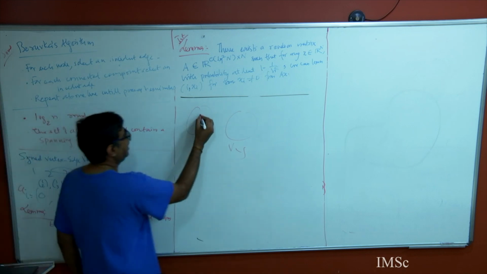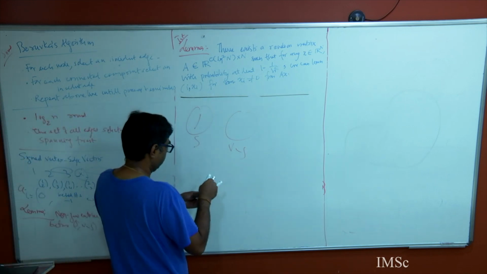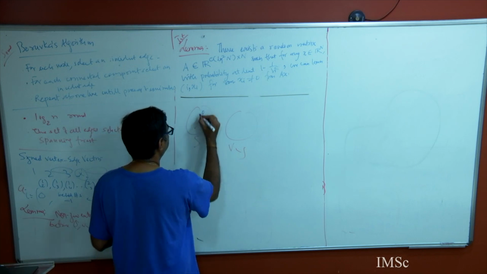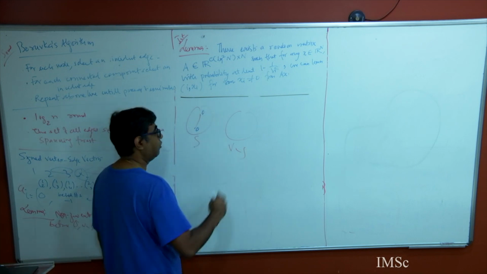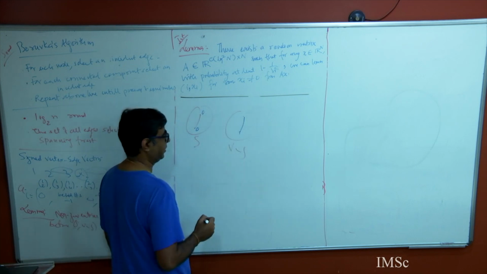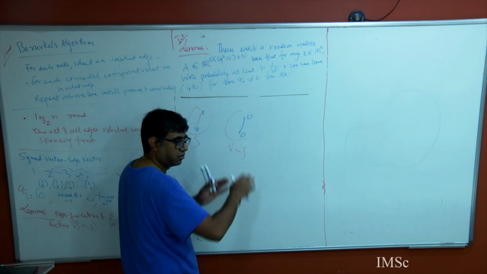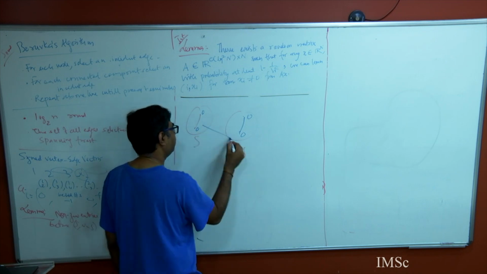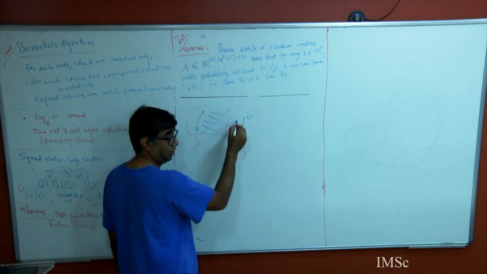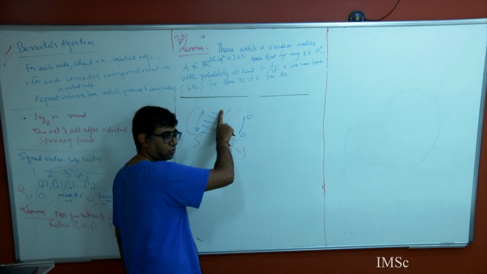So if I have any edge inside S and I sum the vectors, its corresponding contribution is going to be 0. Look at a vector which is completely outside: that guy doesn't even appear here, so this contribution is 0. Only the edges which cross are going to contribute 1 or minus 1.